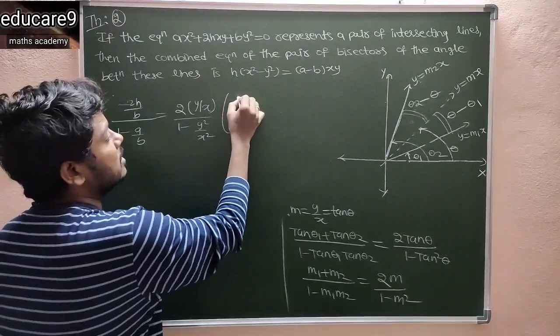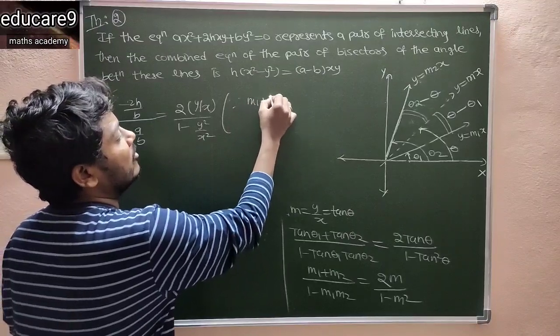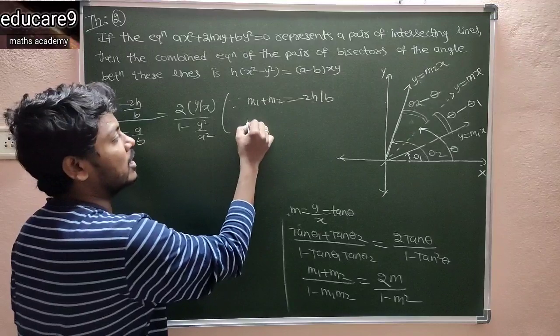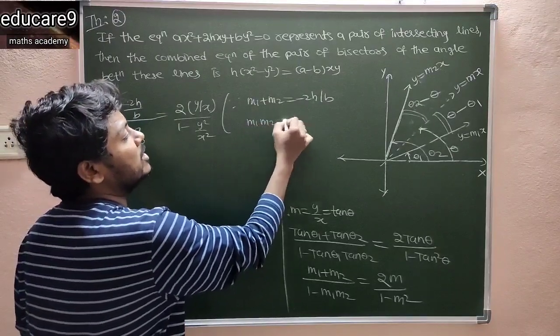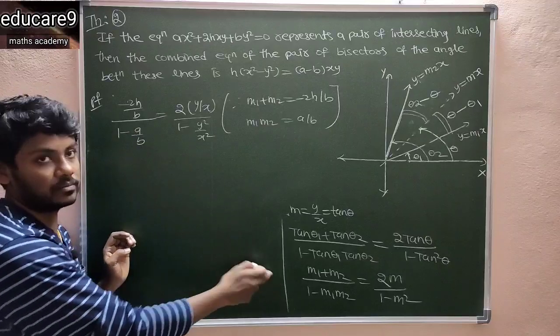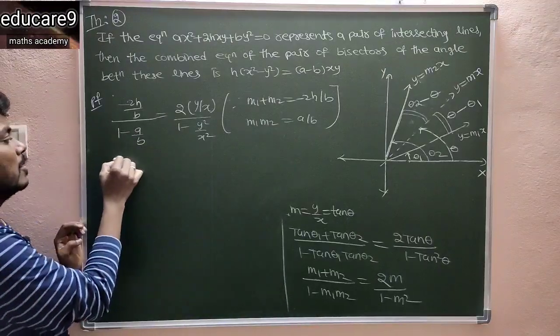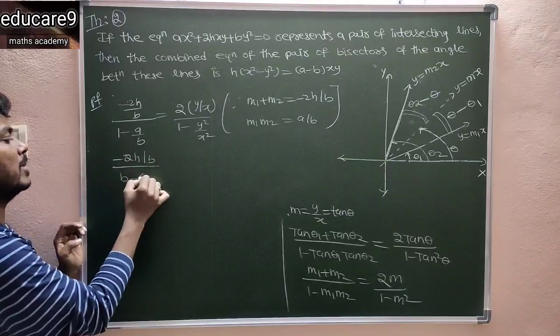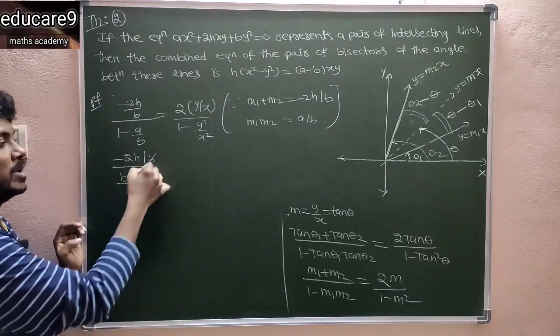So since the sum of the slopes m1 plus m2 is equal to minus 2h by b and the product of the slopes m1 m2 is what? a by b. So we have to apply these two formulas here. Now this is what? Minus 2h by b divided by b minus a by b. So b gets cancelled.